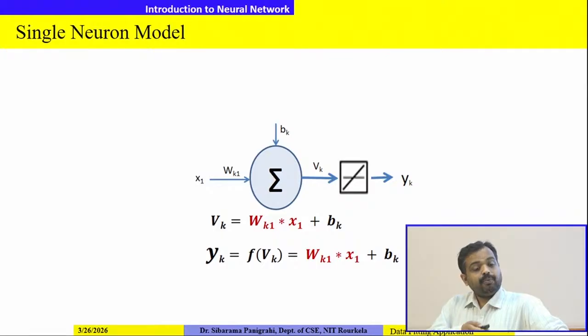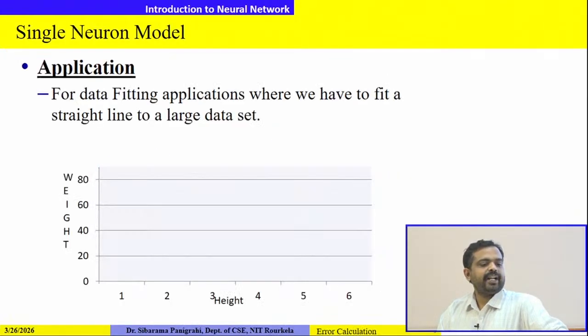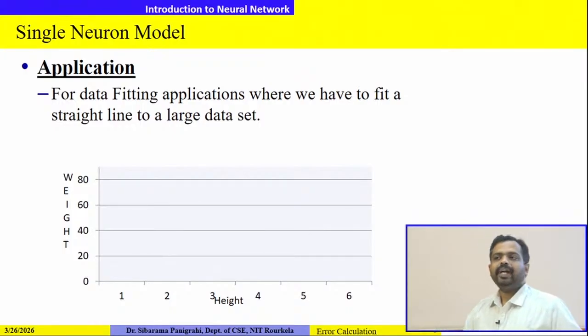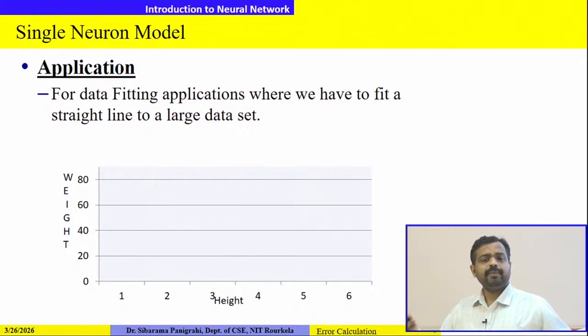So, let us see what we are doing exactly over here. For this, let me go through a data fitting application. Suppose we want to predict the weight of a person based on height. There is no mathematical equation which can predict the weight from the height. Although we may use the body mass index reference, we do not follow body mass index. So, what we will do?